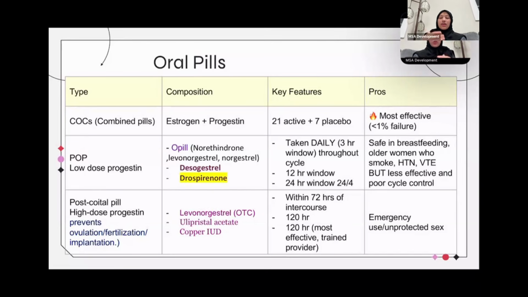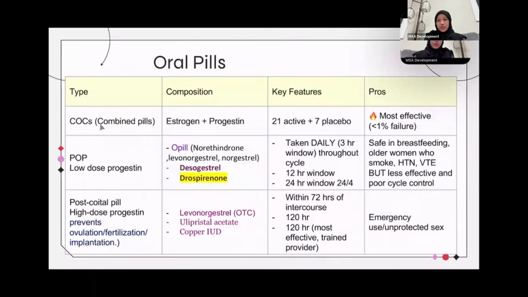What that means is if someone has unprotected sexual intercourse, for example, they forgot to use a barrier, or it was an unwilling action, it's good to use contraception one time, one high dose, to prevent pregnancy. Now this also has a window. The main thing is it prevents ovulation, fertilization, implantation, and it's mainly progesterone again, but we'll see the types.